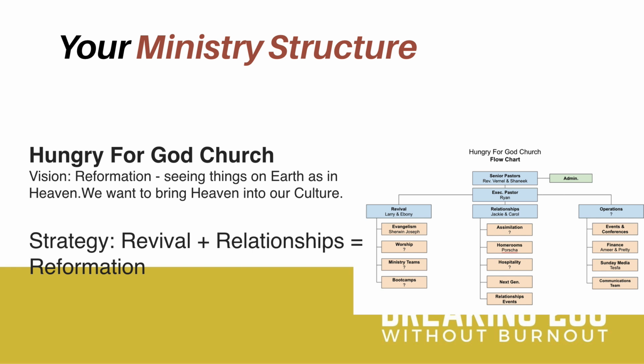We took our strategy and said, if these are the 3 to 5 things we've got to do to accomplish the vision, then we're going to make it that important that we assign someone to oversee that. Unless you put a name by a responsibility, it's not going to get done. So we organize our ministry around our strategies.